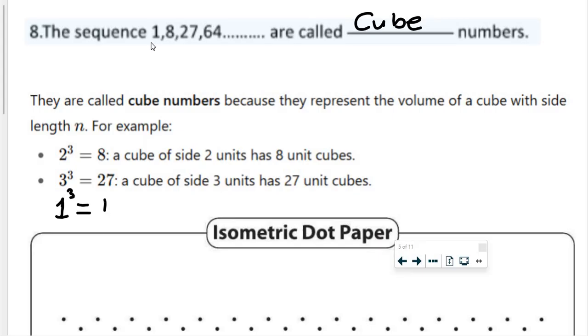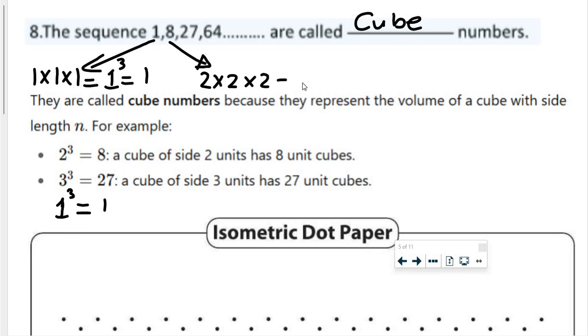I will explain all this. 1 simply means 1 into 1 into 1, which equals 1 to the power of 3, and this equals 1. 8 is the same as 2 into 2 into 2, which equals 2 to the power of 3, and this gives you 8. 64 is the same as... Sorry, I skipped 27.